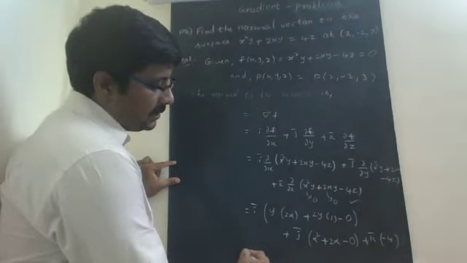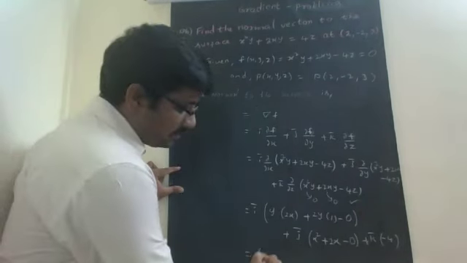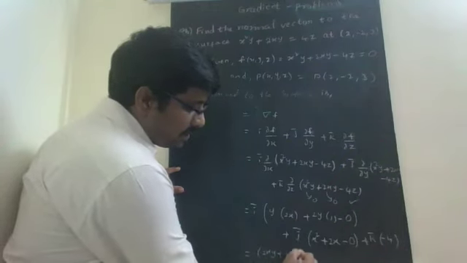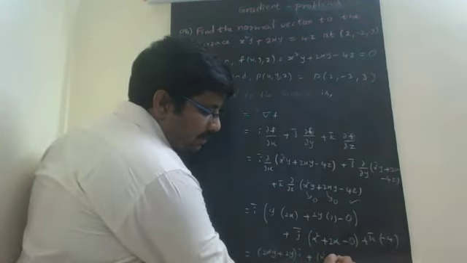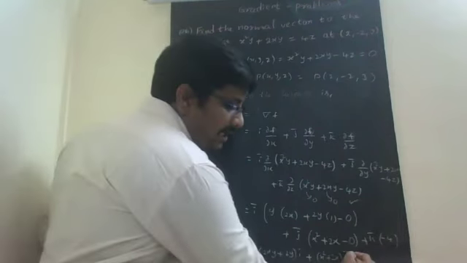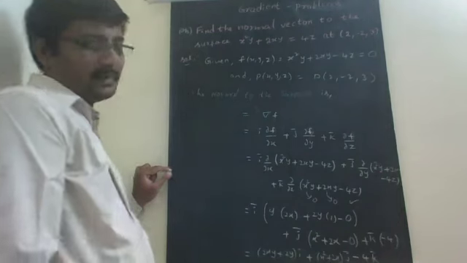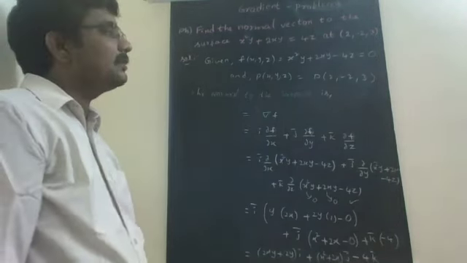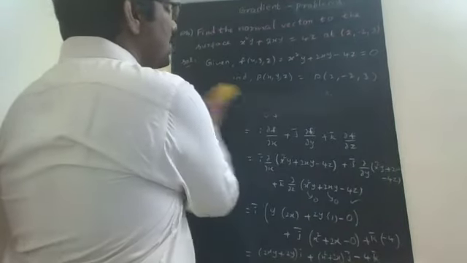So this will be del f. So del f is (2xy plus 2y) into i plus (x square plus 2x) into j minus 4k bar. But we have to find out the normal to the surface at which point? At the point (2, -2, 3).